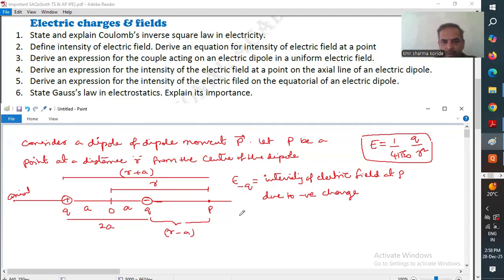So therefore, the intensity of electric field due to the negative charge is 1 by 4 pi epsilon naught q by, the magnitude of charge is the same, so the distance from the negative charge to P is r minus a. But in the basic equation there is a square, so you need to write r minus a whole square. Similarly, the intensity of electric field due to the positive charge.